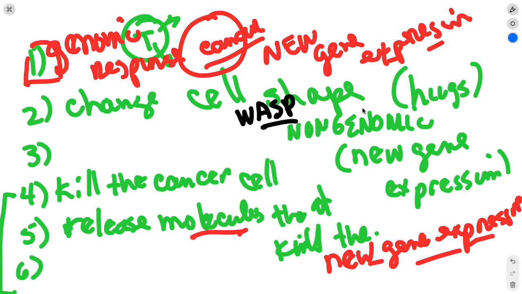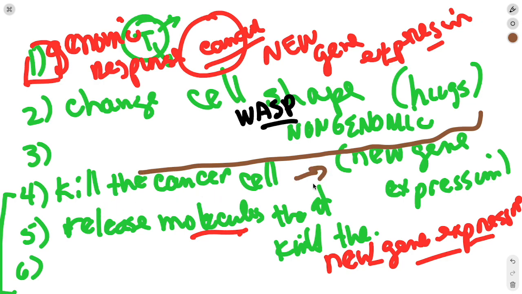Let me put a line in there, because I wrote those at different times. On our list, kill the cancer cell is going to involve new gene expression, because we want to release it. Oh, did I mess that up? So it should be separated. Non-genomic just means no new gene expression.